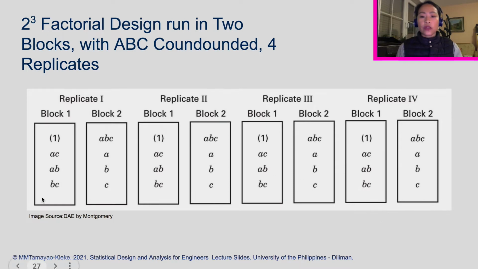You will note that the same combinations are run in a block for all the replicates. But of course, you have to remember that the order in which the combinations are run should be randomized.